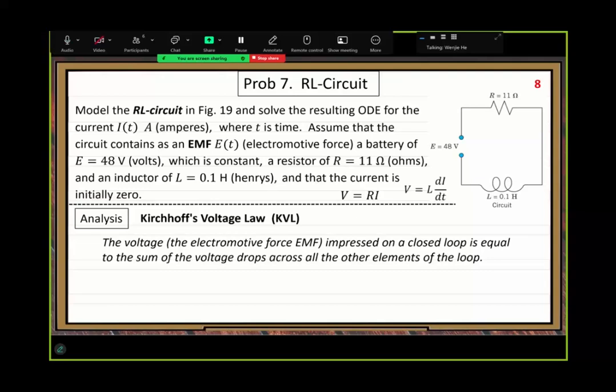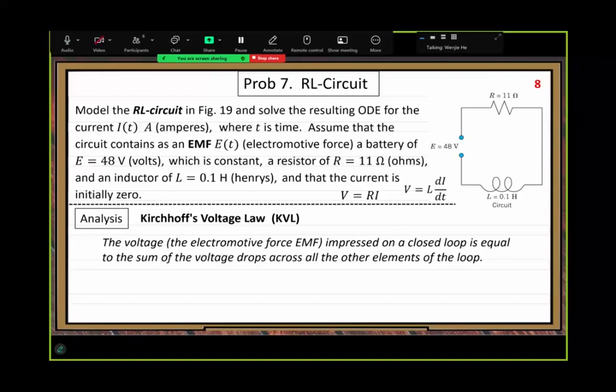So V2 equals L times di/dt. We add up these two voltage drops to equal 48.